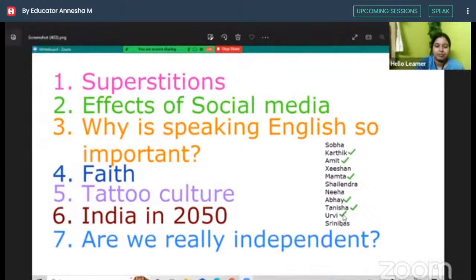And as technology is developing a lot, we will use very high technology in 2050, and India will stand in the top 5 economically developed countries. This is my vision of how India will be.